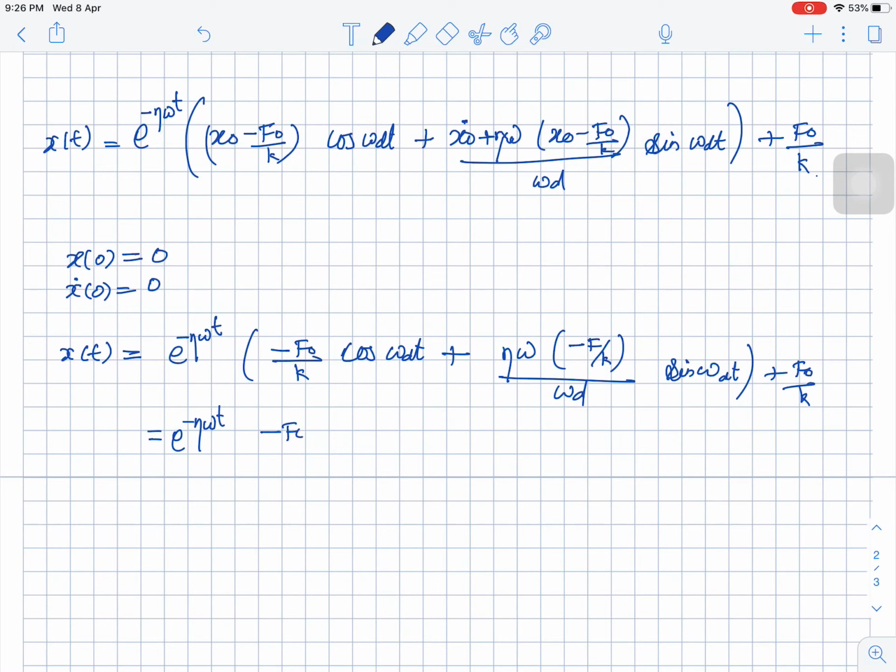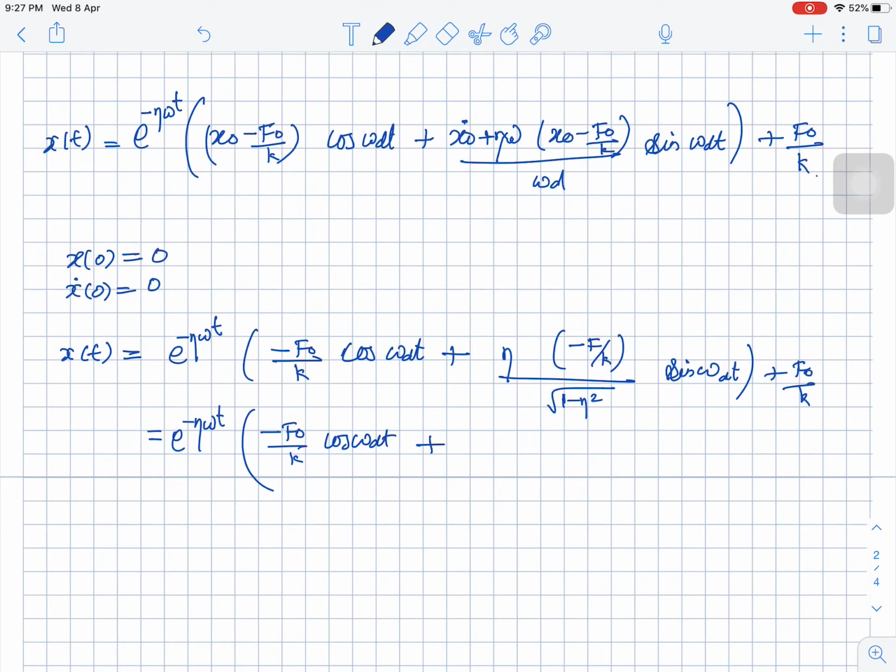So minus f naught by k cos omega d t. This omega d can be written in terms of omega root of 1 minus zeta square, so omega will get cancelled.